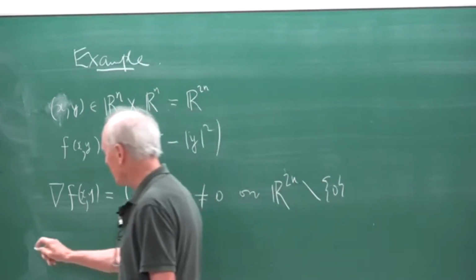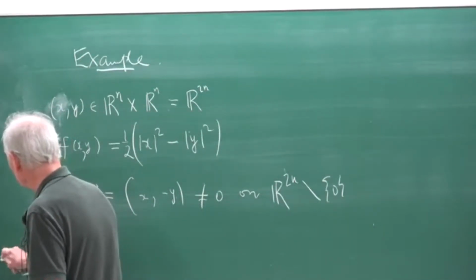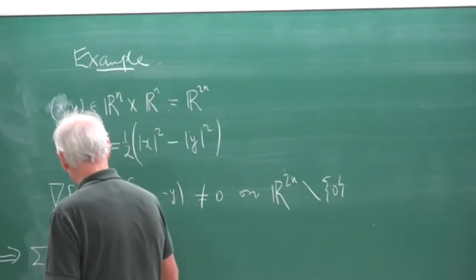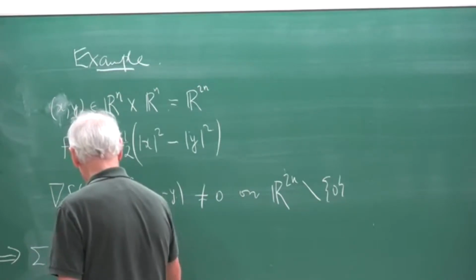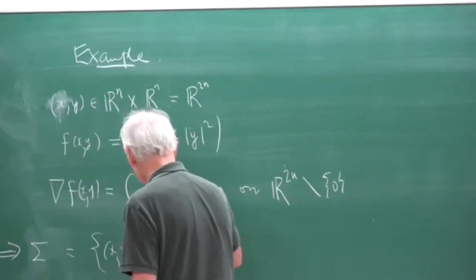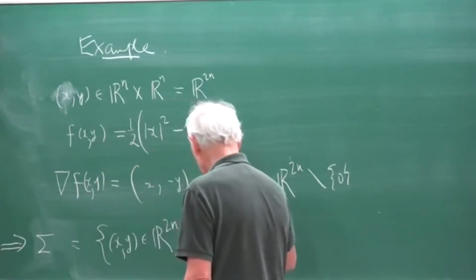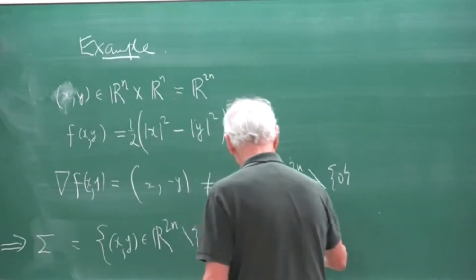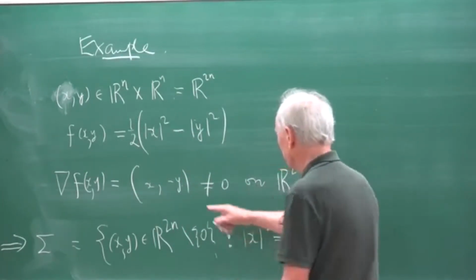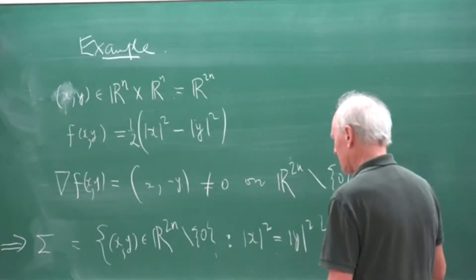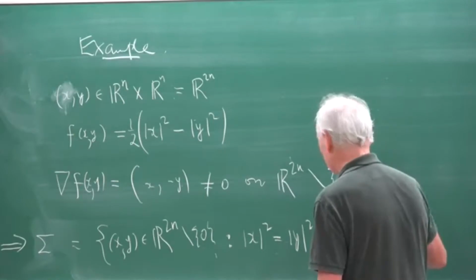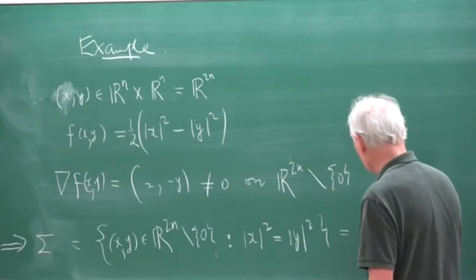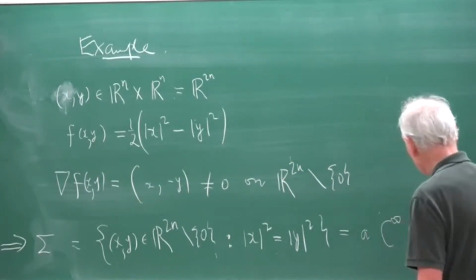That means, by this fact here, that sigma, which is the zero set of f, that's the set of (x,y) in R^(2n) minus 0 such that |x|^2 equals |y|^2. That's the zero level set of this function. That is C infinity, of course, because this is a C infinity function, so it's a C infinity submanifold.